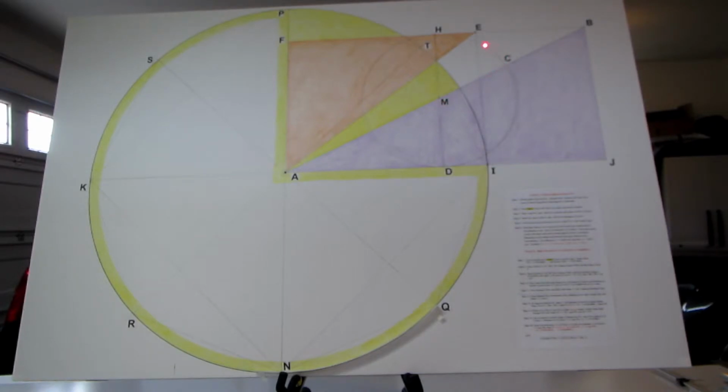And we draw the circle all the way around for circle M. And we have from A to C now the length of the golden ratio. As I said, it was defined as 1/2 of the square root of 5 plus 1/2.